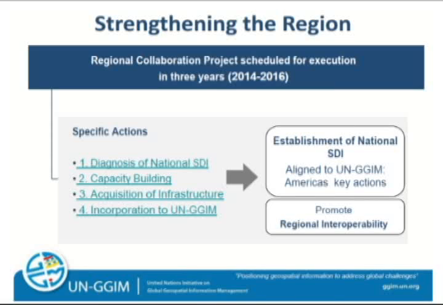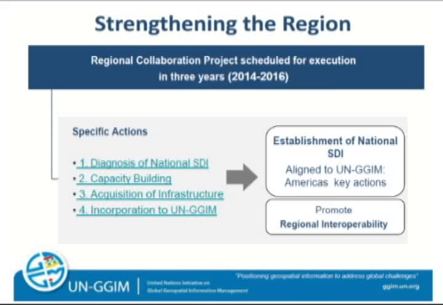The second step is capacity building. The idea is to build capacity for spatial data infrastructure, land cover and vegetation classification system, and geospatial information systems. The third one is the acquisition of infrastructure.